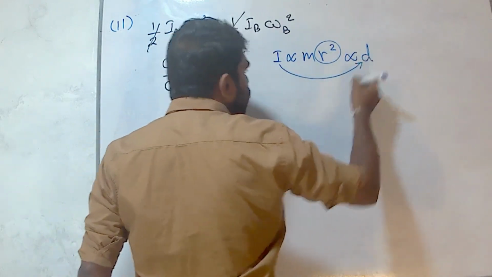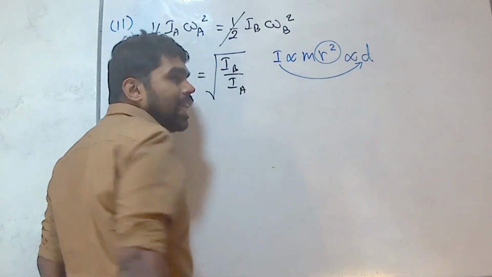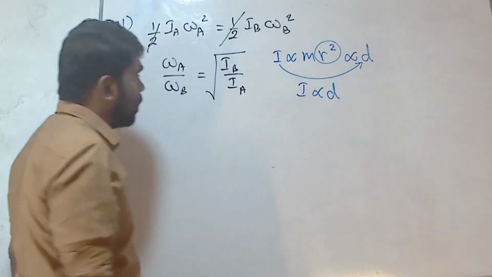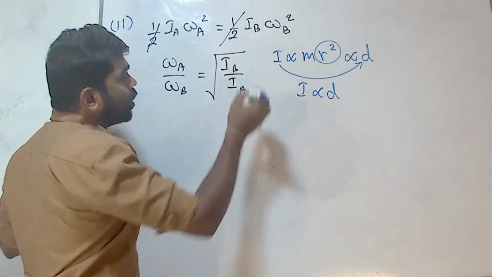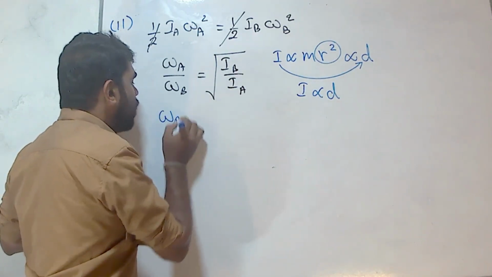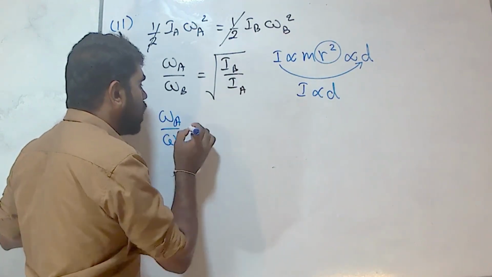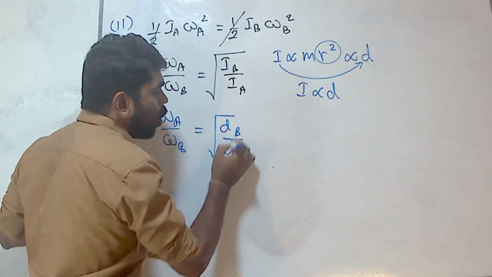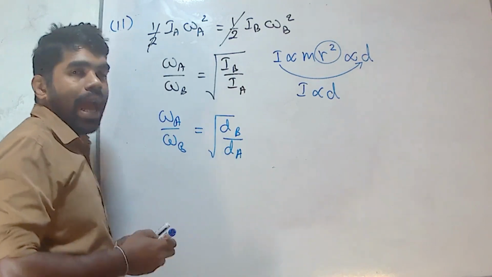From these two relationships, I is directly proportional to density. Then omega A divided by omega B equals the square root of density of B divided by density of A.